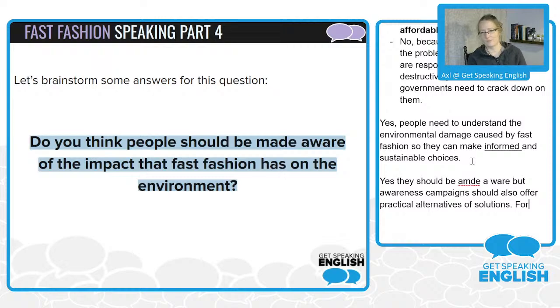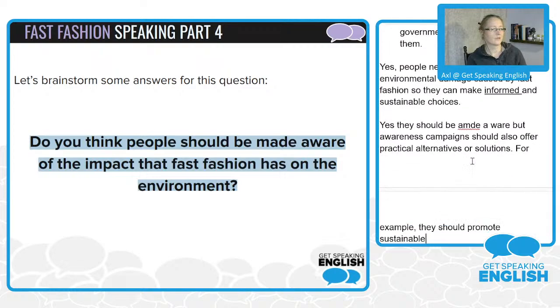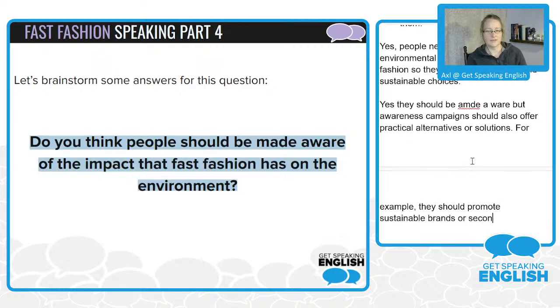So for solutions, for example, they should maybe promote sustainable brands or second-hand shops so people know who to buy from.